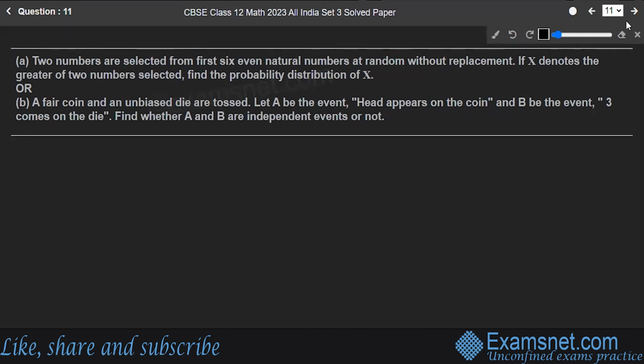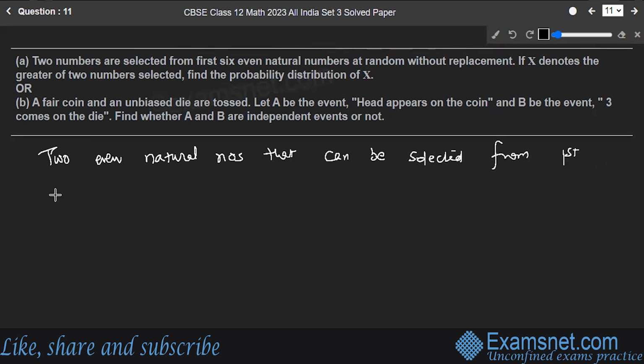Okay, now the two even natural numbers that can be selected from the first 6 even natural numbers without replacement.